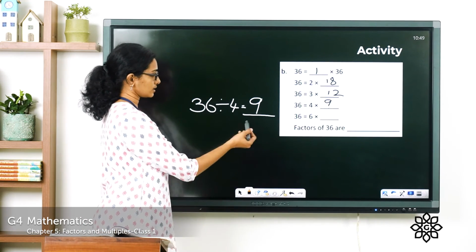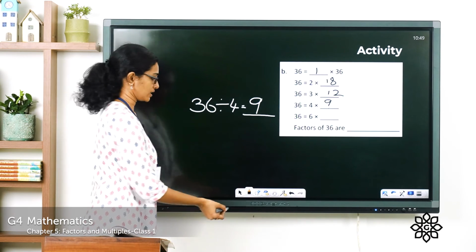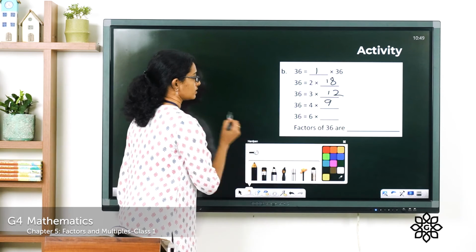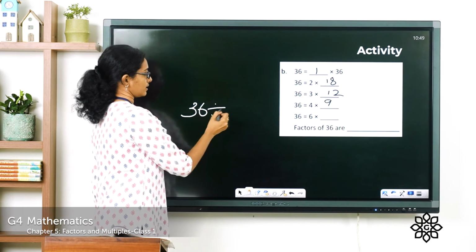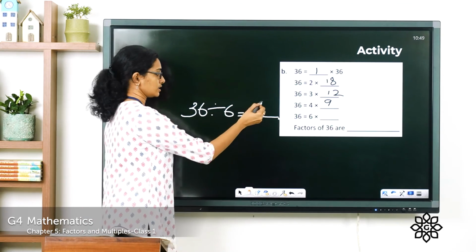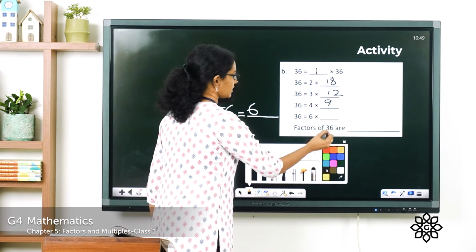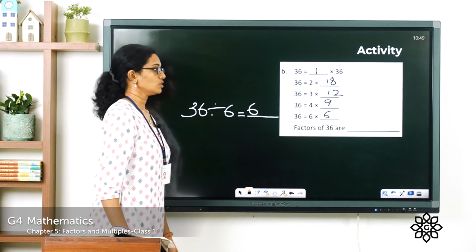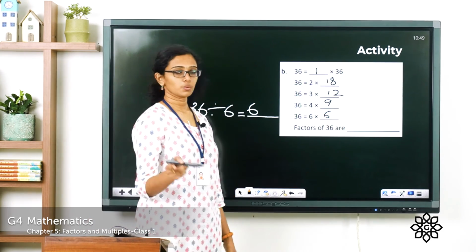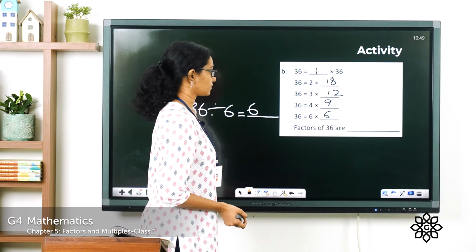So the last one, 36 is equal to 6 into dash. From the division fact, we can write 36 divided by 6 is equal to, how many 6's are there in 36? 6, right? So we can write 36 is equal to 6 into 6. So from all these multiplication facts, we can write the factors of 36.